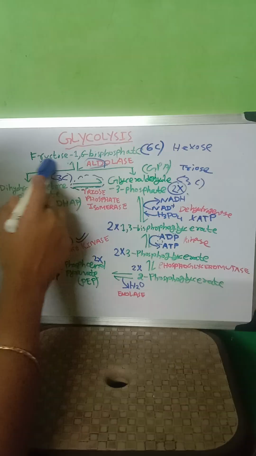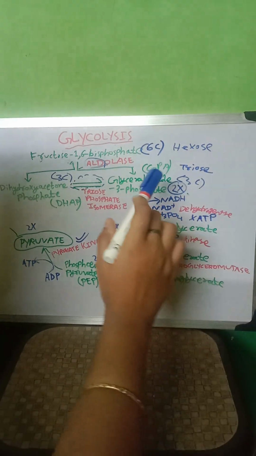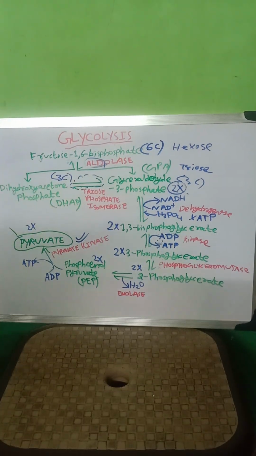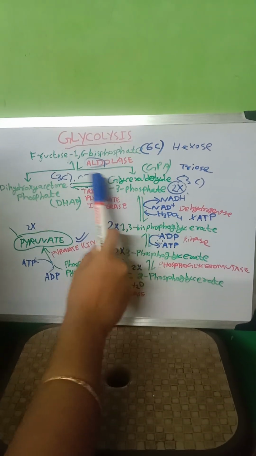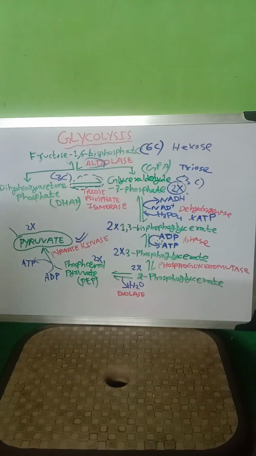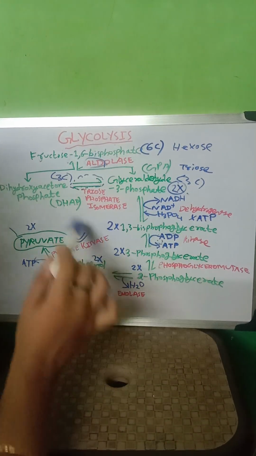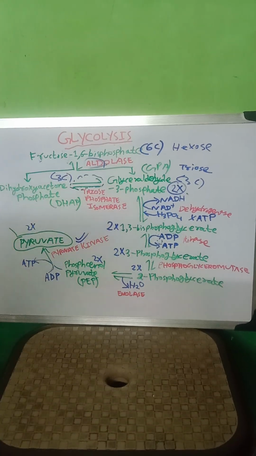It is also splitting into DHAP, and this is getting converted to glyceraldehyde, meaning there is another glyceraldehyde being added to the reaction for 1 glucose. 1 glucose is giving 2 GPA, which means whatever steps we have from now on, all will be 2 times of it. We'll have 2 molecules of each of them.